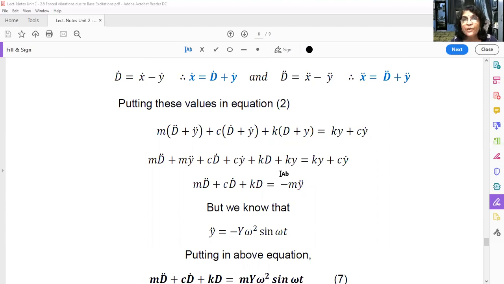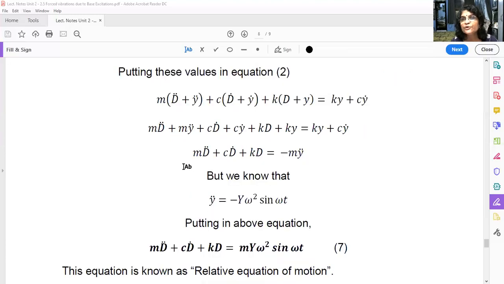So what is remaining now? m D double dot plus c D dot plus k D is equal to, taking this m y double dot on the right hand side, minus m y double dot. So this is our equation of motion: m D double dot plus c D dot plus k D is equal to minus m y double dot. This is the relative motion equation, but we want to write it in our regular format, that is in terms of SHM.